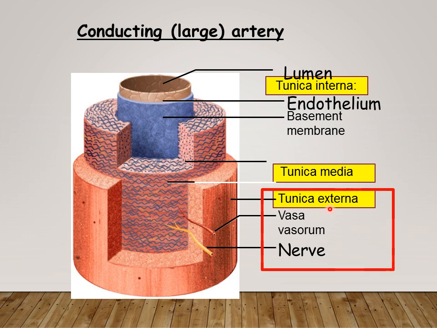Here I want to tell you that this tunica externa is also known as tunica adventitia. And the tunica interna is also called tunica intima. So these are the other names for these two layers of the blood vessel.